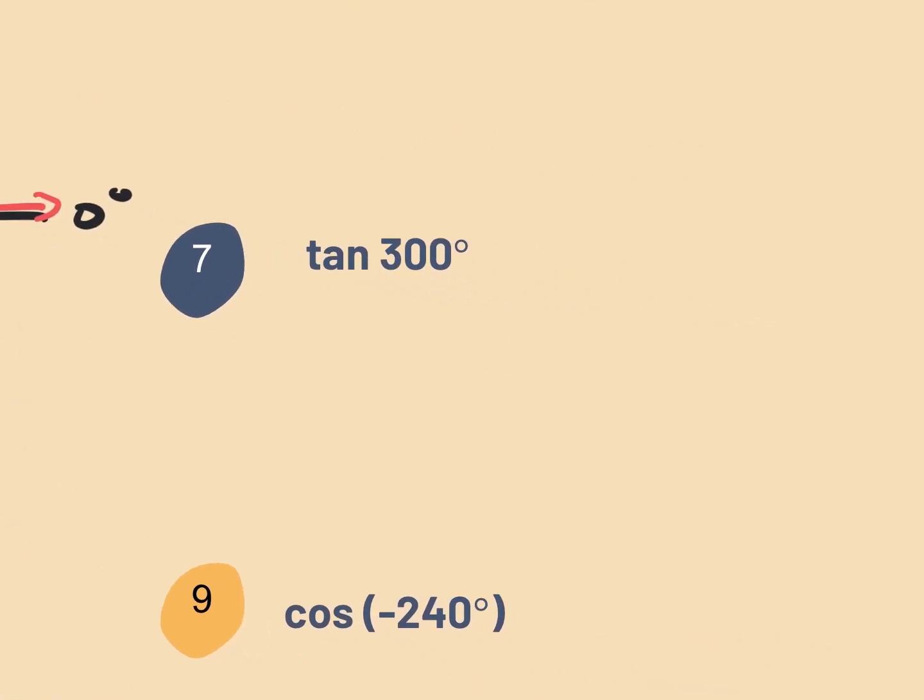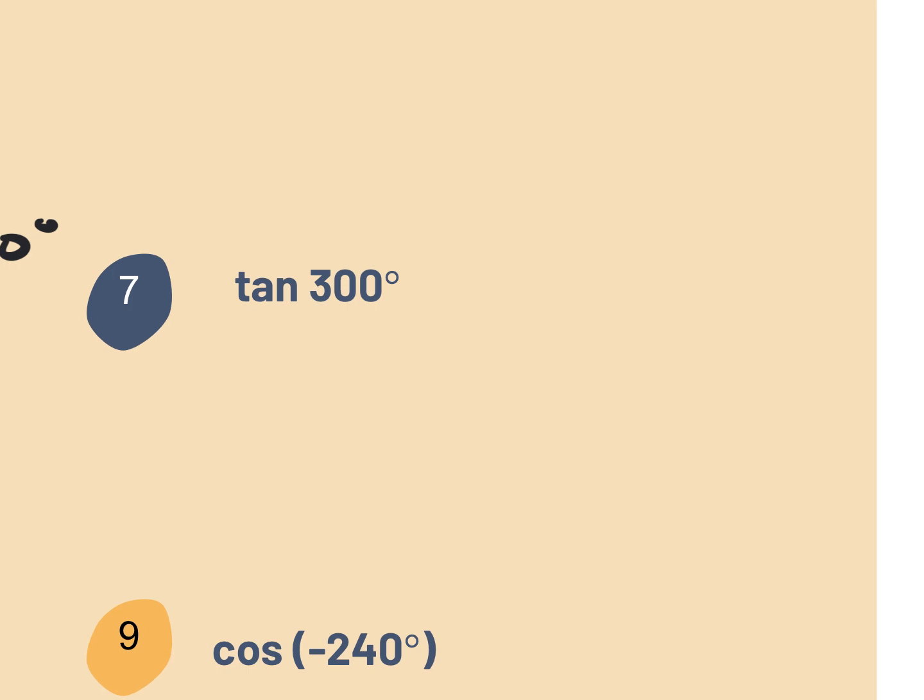So for tangent of 300, I'm going to go ahead and graph it so I can see what quadrant it ends up in. So 300, so again, 90, 180, 270, and this is 0 and 360. To graph a 300 degree angle, I'm going to come around 90, 180, 270, and to get to 300, I got to go another 30 degrees. Now, your reference angle is what it takes to finish the angle.